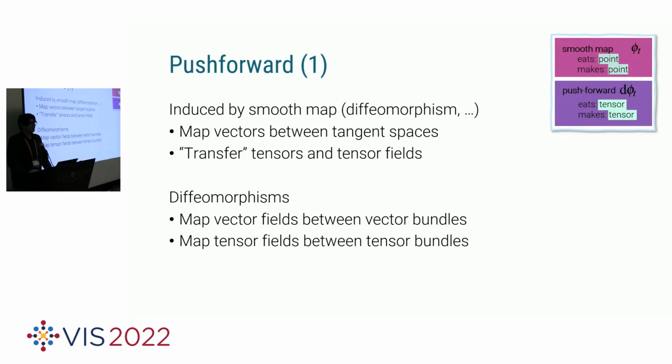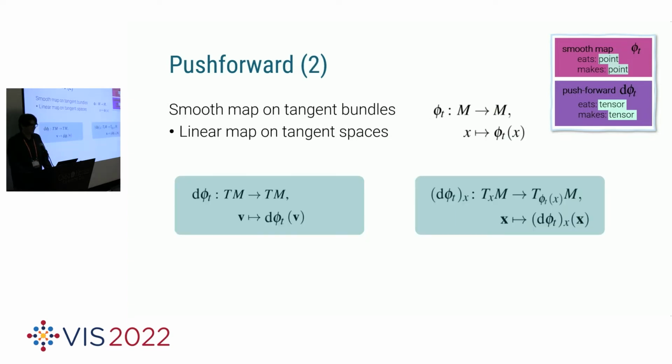So we can transfer from one tangent space to another under this push forward that is defined implicitly with a diffeomorphism. So a diffeomorphism actually maps vectors between tangent spaces, but when we do this on the whole manifold, because the diffeomorphism is defined on the whole manifold, we can also map whole vector fields to new vector fields.